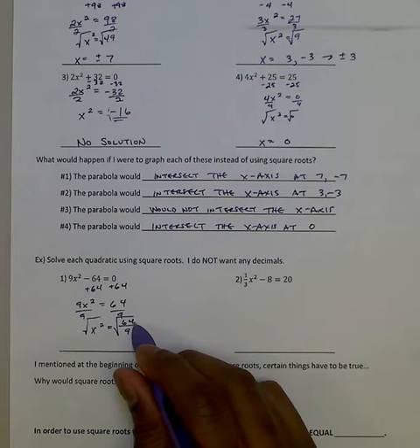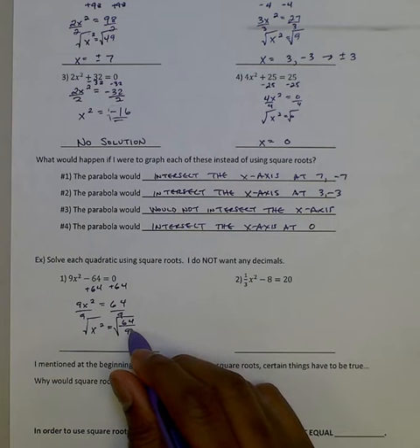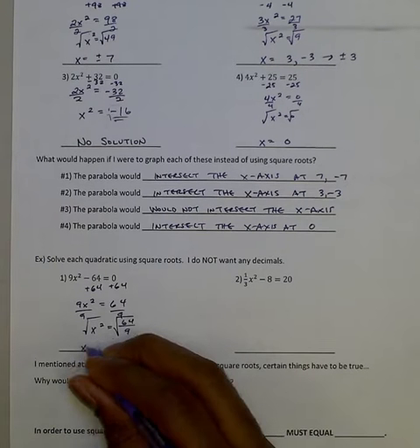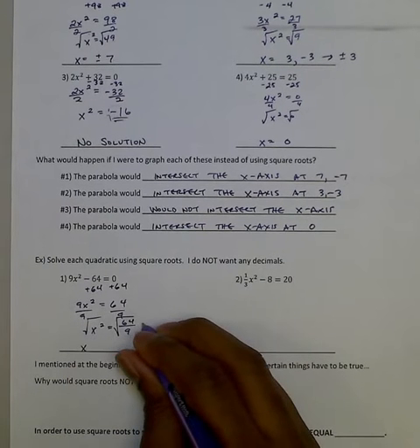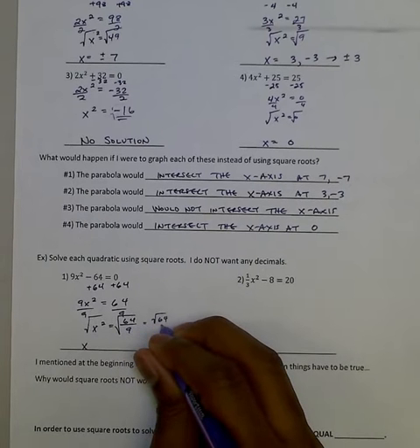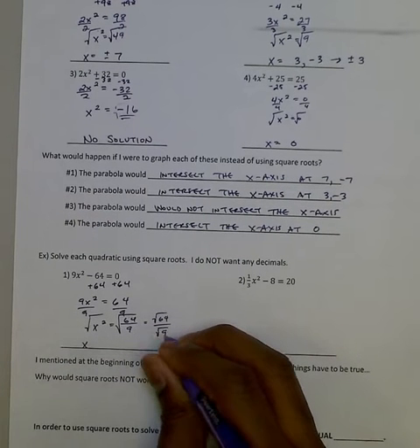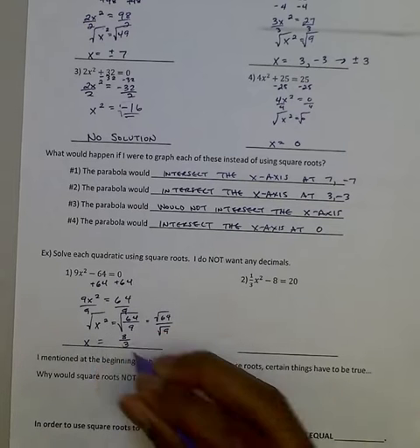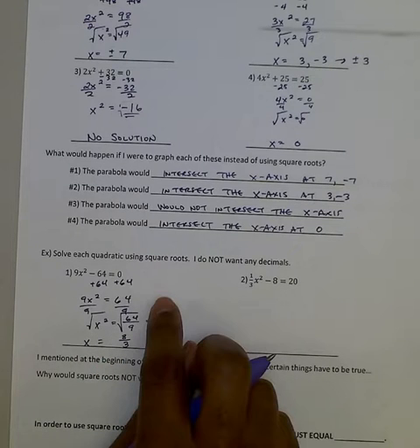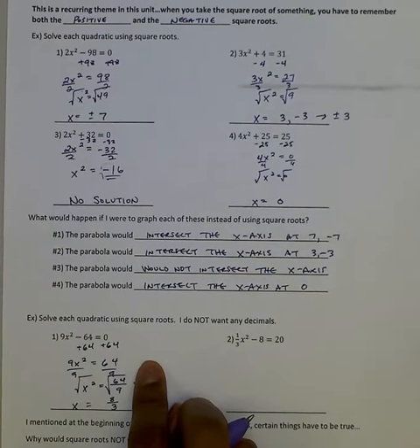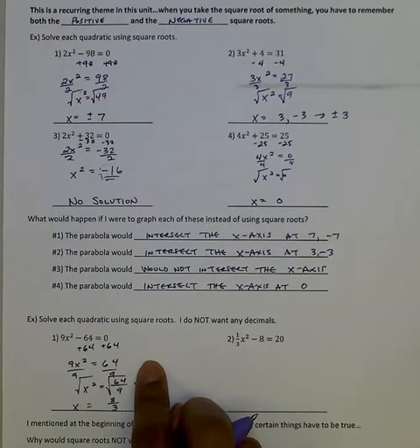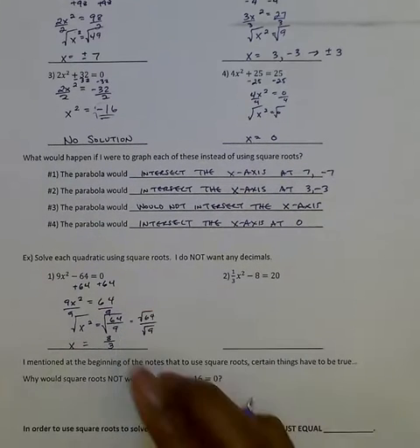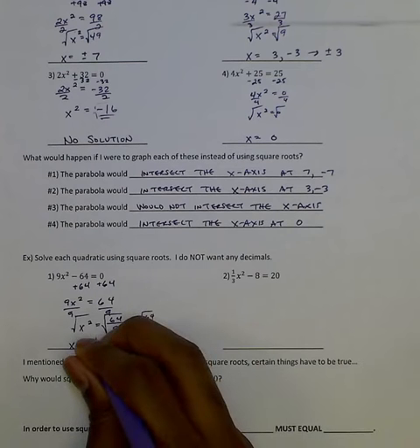And the nice part is that when we take the square root, there's a perfect square in the denominator. The square root of 64 over 9 is the same as radical 64 over radical 9, which is 8 over 3. Remember that we want to take both the positive and the negative root, so it's plus or minus 8 over 3.